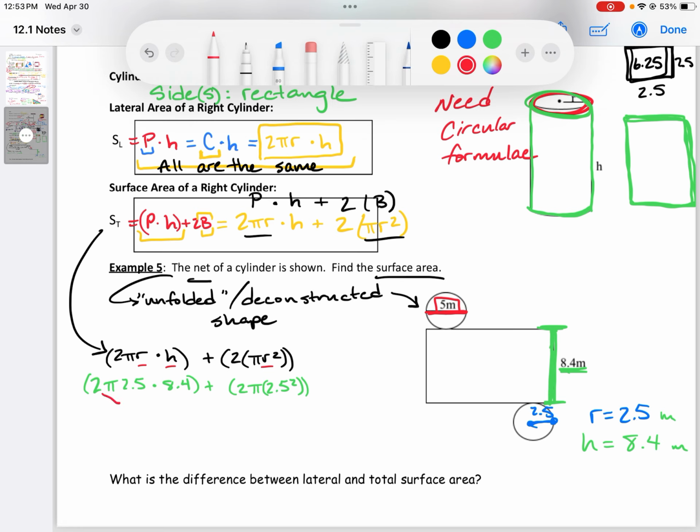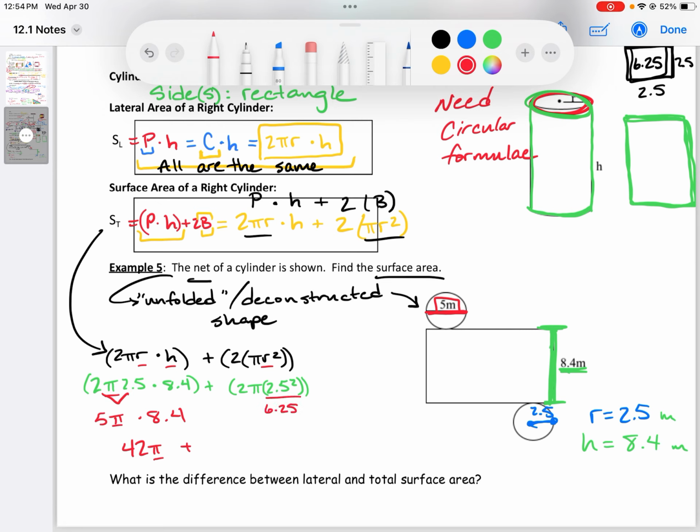All right. Now I'm just going to work these out. 2 times 2.5 is 5 times pi is 5 pi times 8.4 is 42 pi. You can see I'm leaving everything in terms of pi. I'm leaving the pi alone.